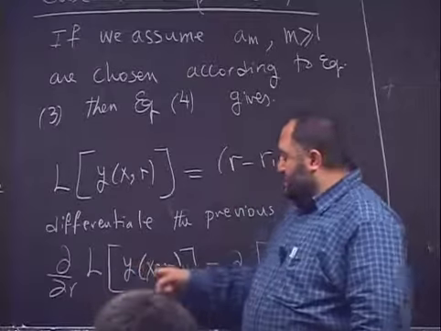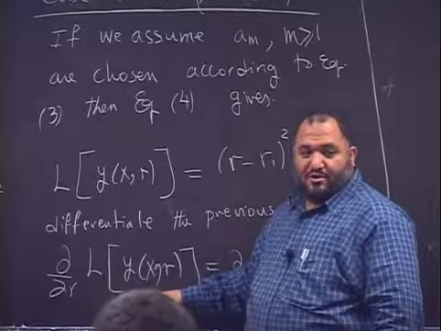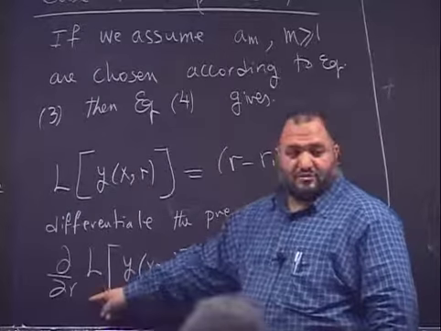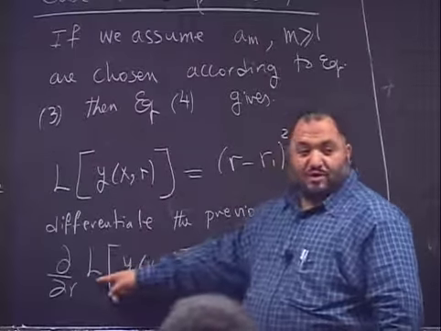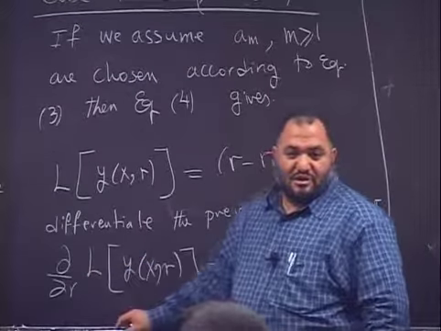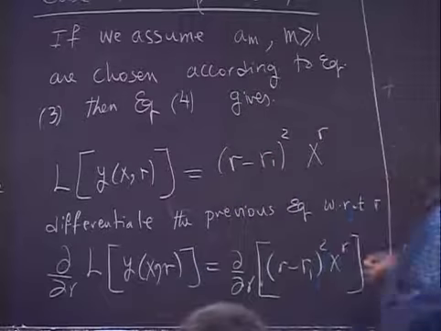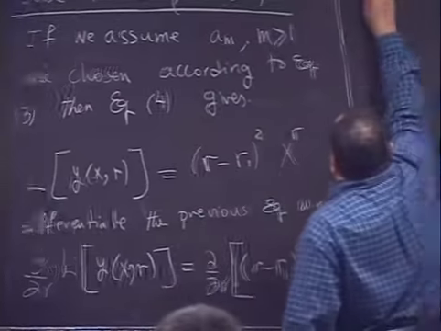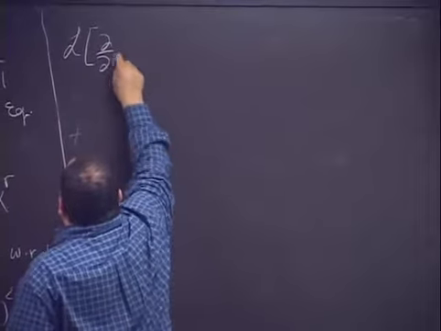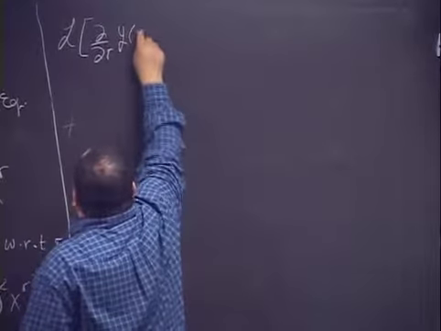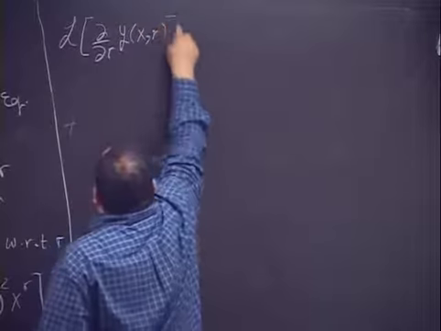If you first differentiate this with respect to r, then take the differentiation with respect to x, it is exactly the same as if you differentiate this with respect to x, then differentiate with respect to r. So it's exactly the same. So we can just start with the differentiation with respect to r for y of x and r.